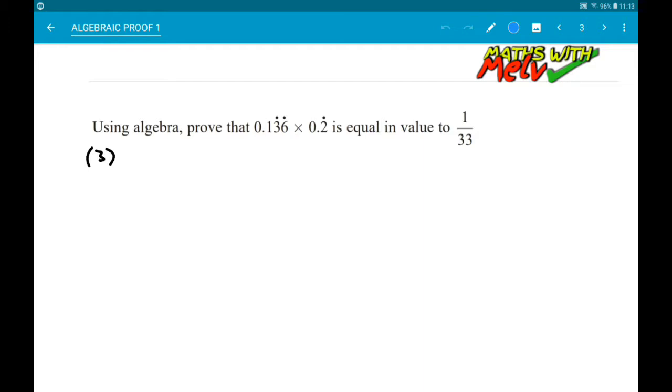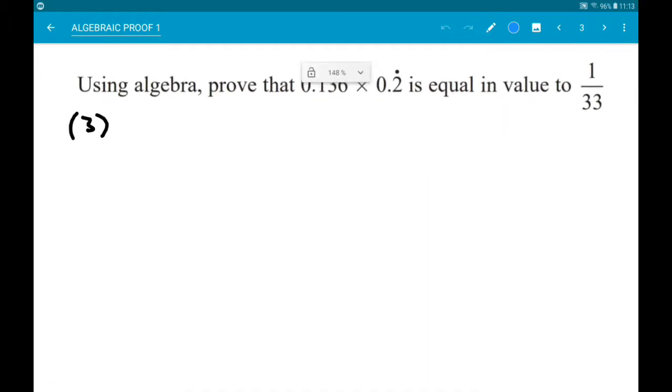So to do this, we let x, you can use any letter, let x equal 0.136 recurring. Now, the first thing we need to get with this guy is a number on the right with a purely recurring decimal.